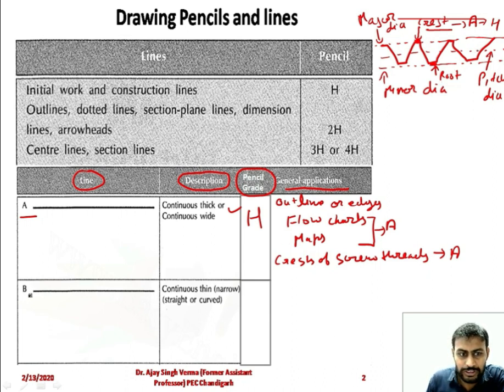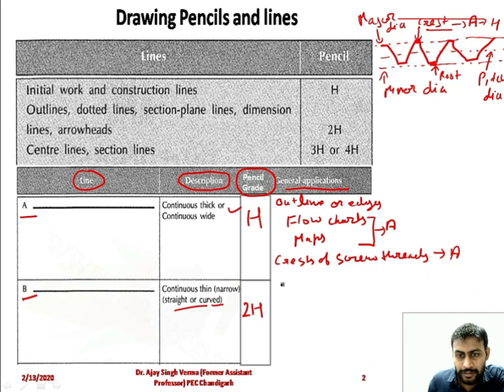Next, you can see type B. Type B is a continuous thin or narrow line, or you can say straight or curved lines. It is drawn with the 2H pencil on your sheets. Please remember, students, thin lines are drawn as type B lines with the 2H pencil.